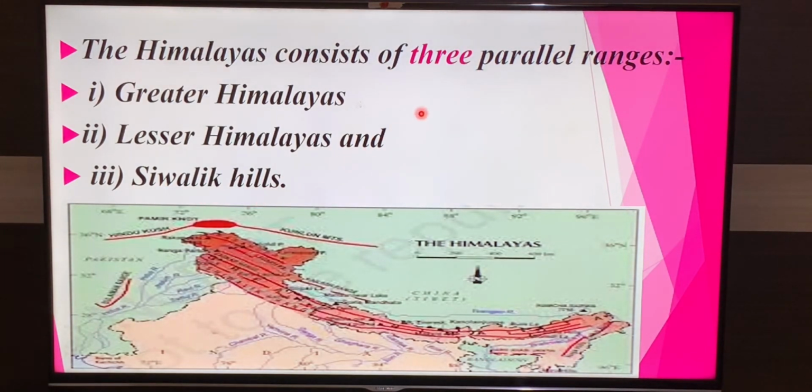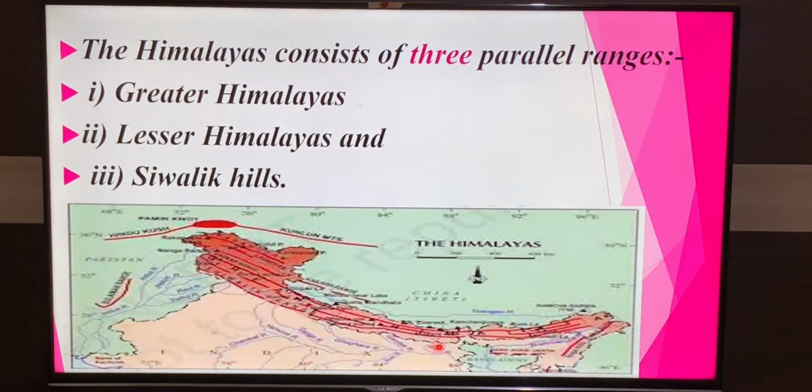So Himalaya consists of 3 parallel ranges. Can you see the first range listed? The topmost will be called Greater Himalaya. In between it is Lesser Himalaya, and the foothills of Himalaya are called Siwalik Hills.